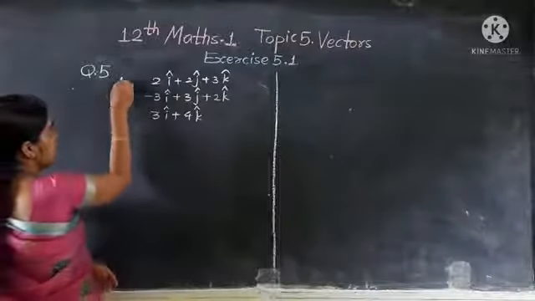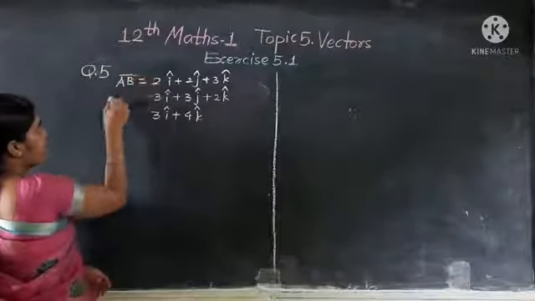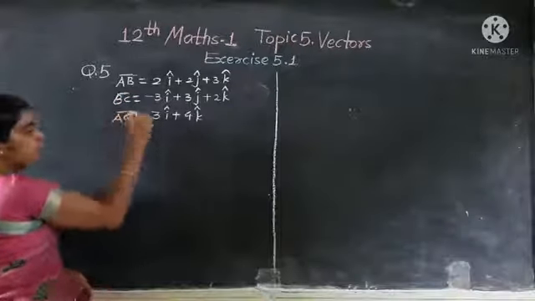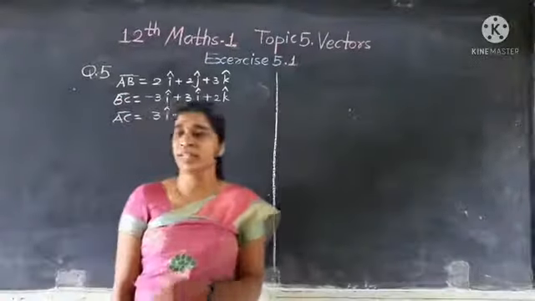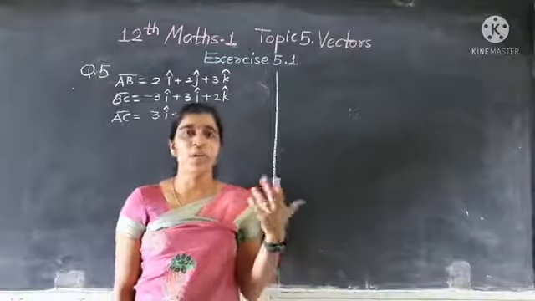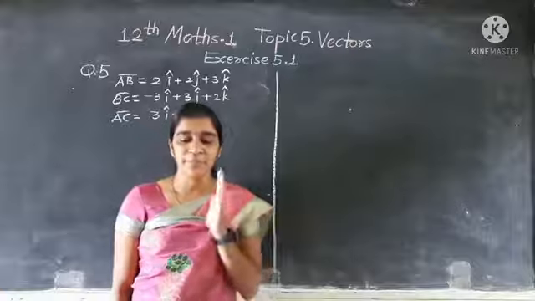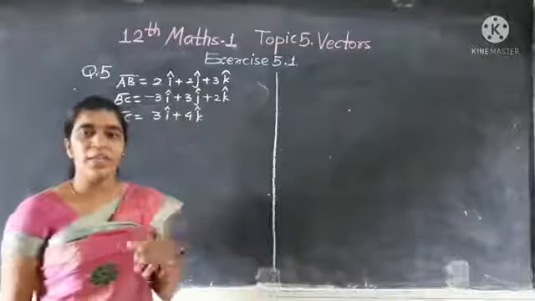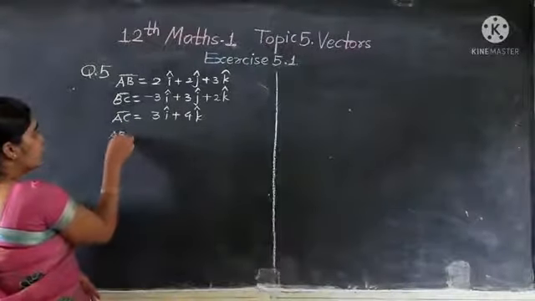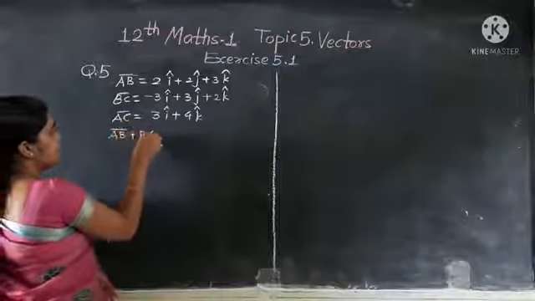We suppose this is AB bar, this is BC bar, and this is AC bar. How to say that it forms a triangle or not? If the sum of two is equal to the third side, meaning AB bar plus BC bar gives AC bar, then we say that it forms a triangle. So we find here AB bar plus BC bar.